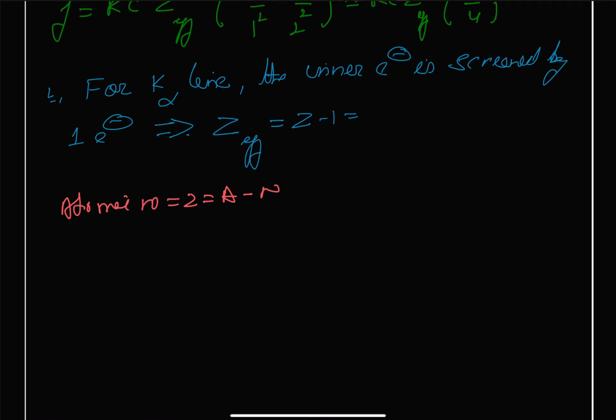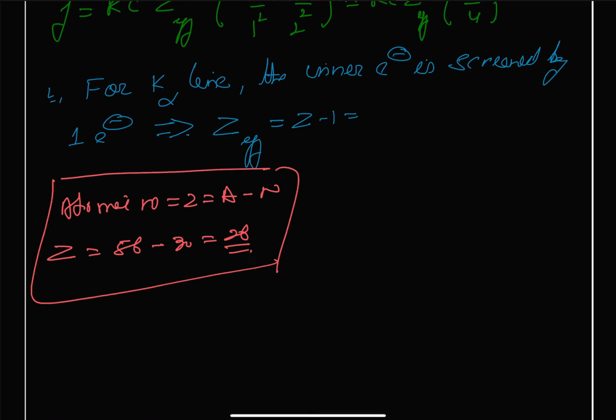So Z will be equal to A, which is 56, minus 30. This gives us 26. So we get 26 minus 1 is equal to 25.